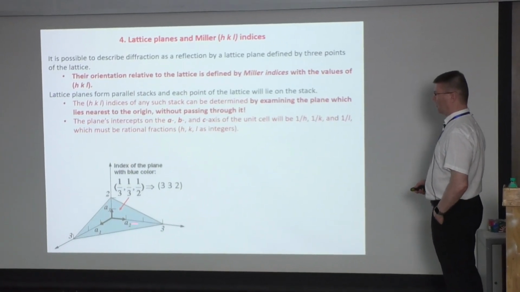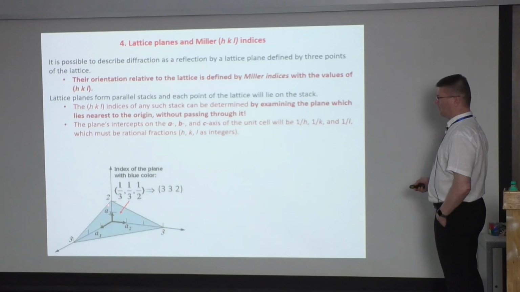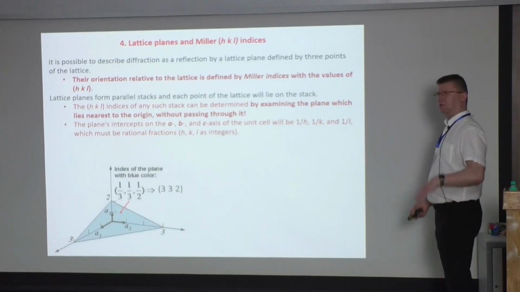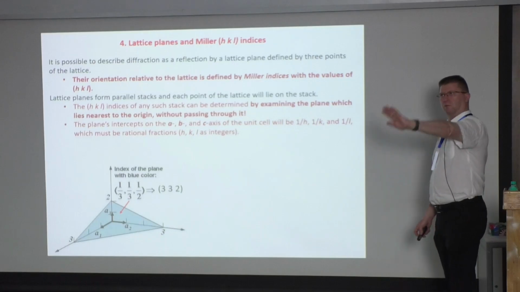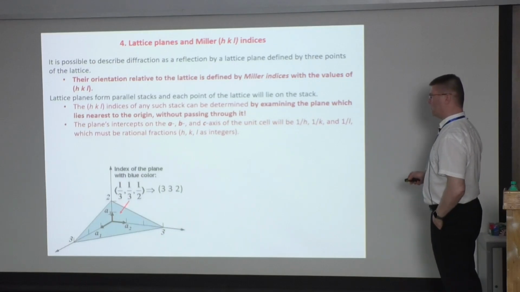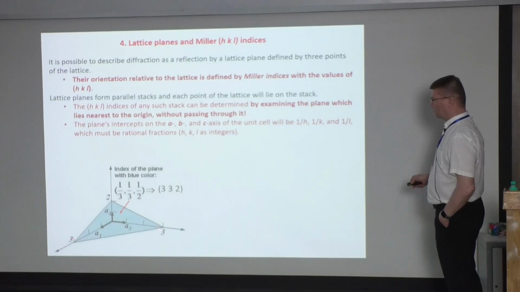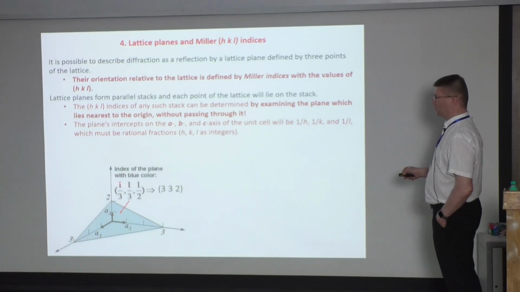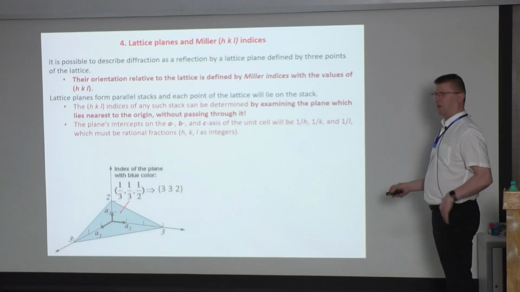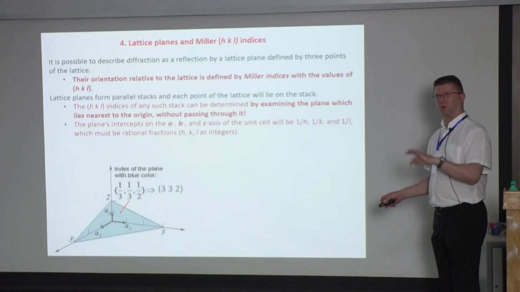So here we have a unit cell now. In this case, the blue is the imaginary plane, which slices through the a, b, and c axes. It slices at position 3 here, position 3 here, and position 2 here. Because it's always 1 over something, it would be 1 over 3, 1 over 3, 1 over 2, but this would be really difficult to handle, so we flip it over.